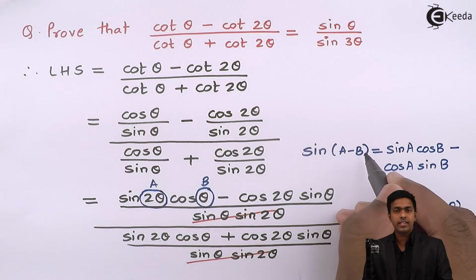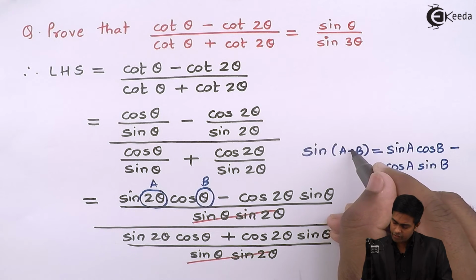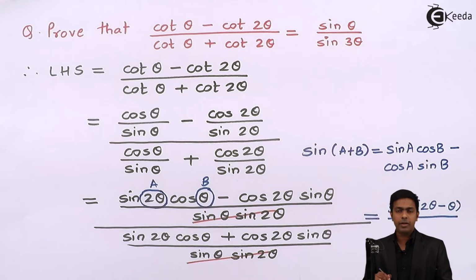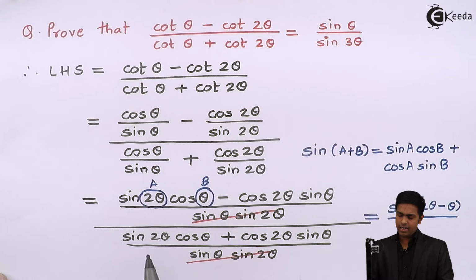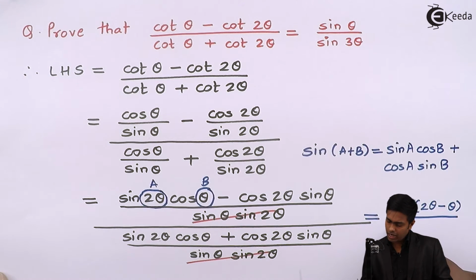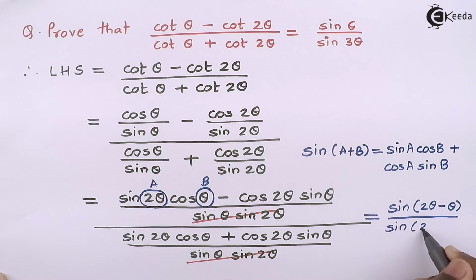So guys, we can apply the same formula. That means whenever we have a plus sign in between, then in the value we get a plus sign. So here I can say that 2 theta is my A and theta is my B. So I'll get sine of 2 theta plus theta.